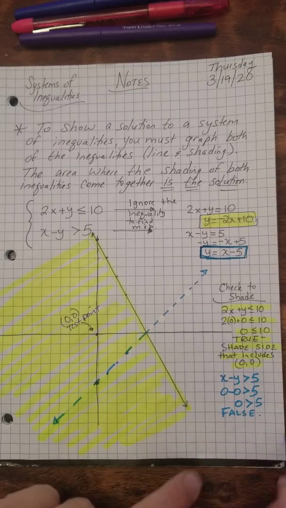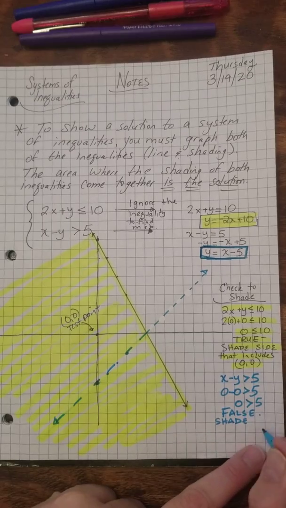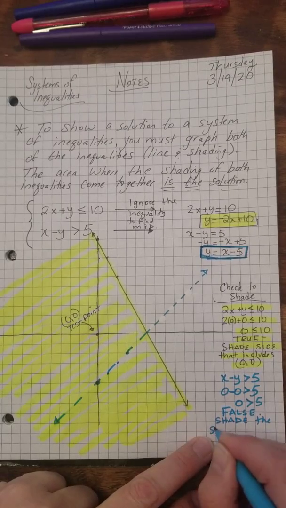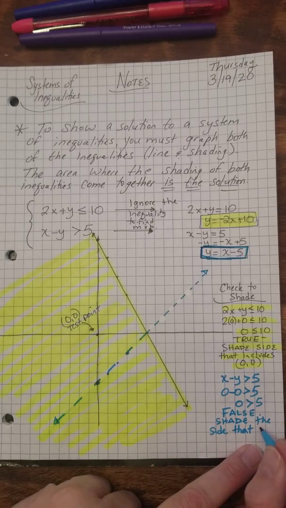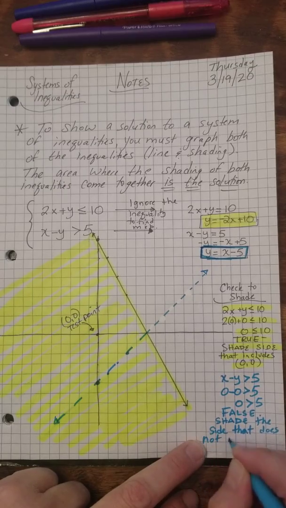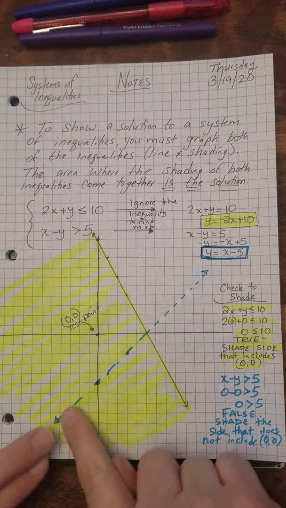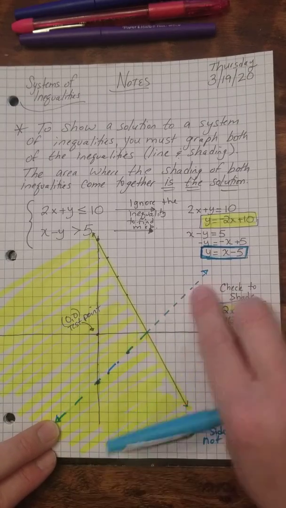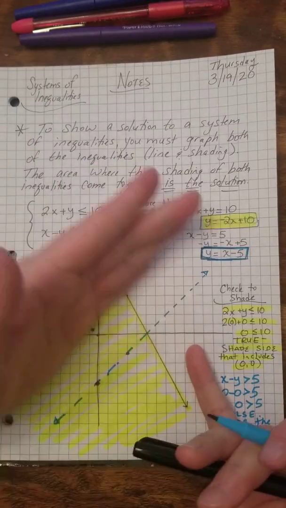So since it is false, we're going to shade the side that does not include 0, 0. So if I'm looking at this line now, the blue line, you'll notice that 0, 0 is on this side, over here.